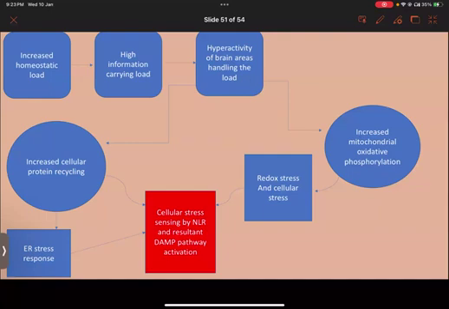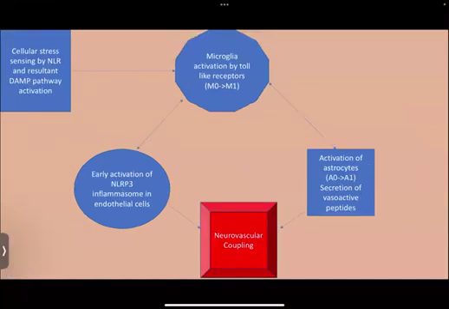Anyway, cellular stress sensing. Cellular stress happens when there is increased homeostatic load to brain, high information carrying load to brain, and ultimately there would be high hyperactivity of brain areas handling the load. This causes increased cellular protein recycling, increased mitochondrial oxidative phosphorylation, increased redox stress and cellular stress, and increased ER stress response. That causes ultimately cellular stress sensing by NLR, that is NOD-like receptor pathway, and DAMP pathway activation.